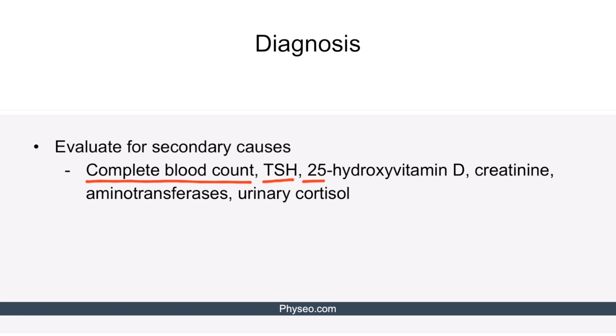And measuring 25-hydroxyvitamin D is important to rule out vitamin D deficiency, which again we'll address later in this lecture. We order creatinine and aminotransferase levels to assess renal and hepatic function, given the association between kidney and liver disease in patients with osteoporosis. Finally, a urinary cortisol level can help clue you into something like Cushing's syndrome.